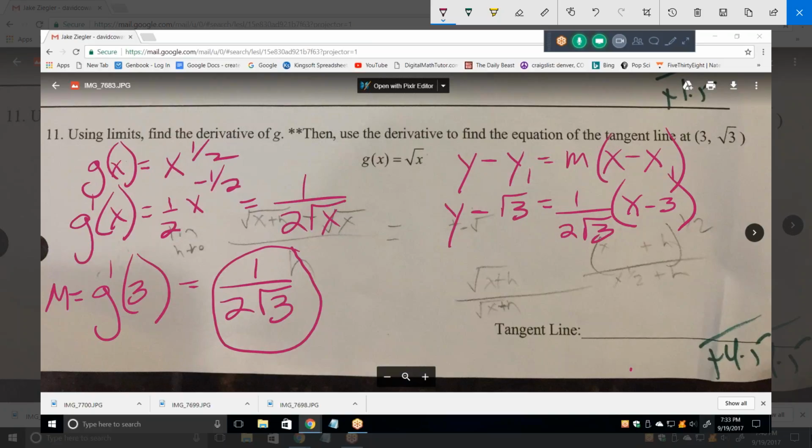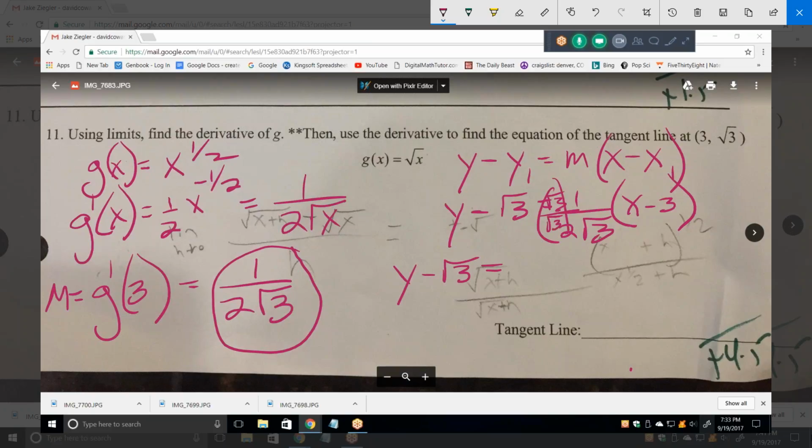Unless you have an unusual teacher, they will not say, put that in slope-intercept format. They may say, okay, rationalize it, because you have an irrational denominator. So how do I rationalize that? Just multiply top and bottom by root 3. It means I got to multiply that by root 3 over root 3.